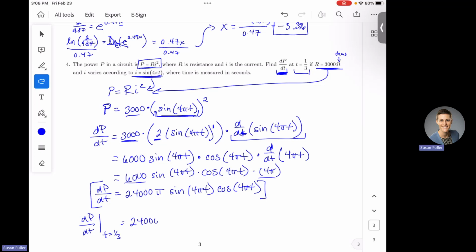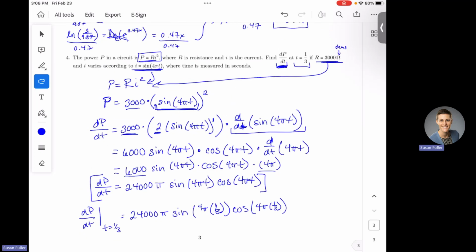I'm going to get 24,000 pi times the sine of 4 pi times 1/3 times the cosine of 4 pi times 1/3. And so this is going to be 24,000 pi times the sine of 4 pi over 3 times the cosine of 4 pi over 3.